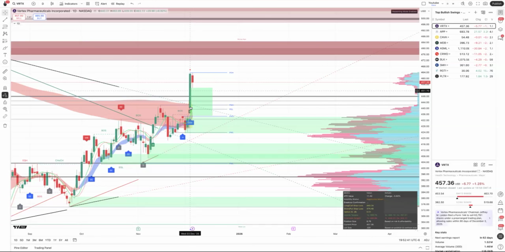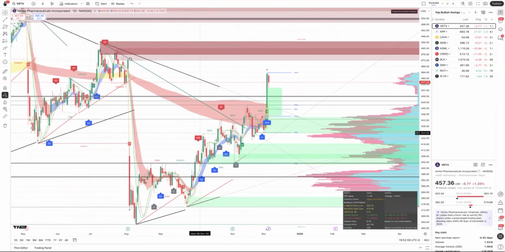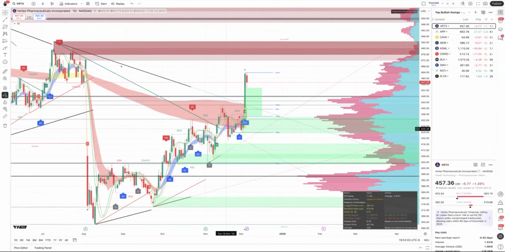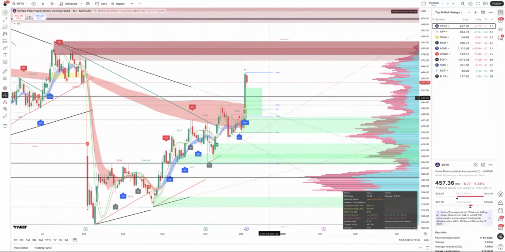That's why it doesn't have any wicks on it or a very small wick. So it pushed up and created this fair value gap, and now it's pulling back inside of the fair value gap. And even if it comes down to 49 and tests this support level, it's still in a good position for a trade plan because you can just look at the structure of this trade. It's broken the 14-day trend line and the 30-day trend line, but it's trying to push up to this target right here.